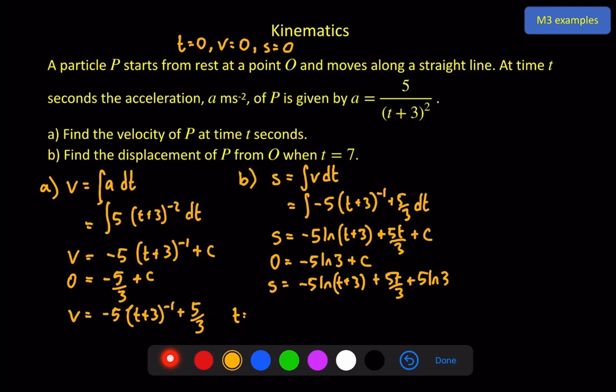And when t is equal to 7, which is what it actually wants in the question, we get minus 5 log 7 plus 3 is 10. And then a 7 here gives us 35 over 3 plus 5 log 3. And we could tidy that up a little bit by putting our logs together. We get 35 over 3 plus 5 log 3 over 10.